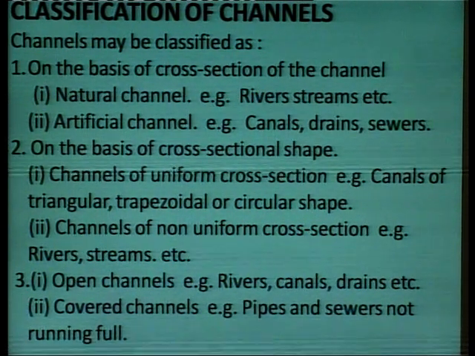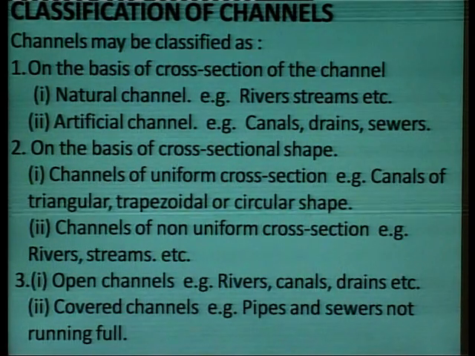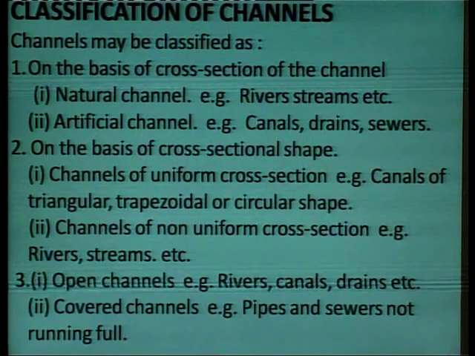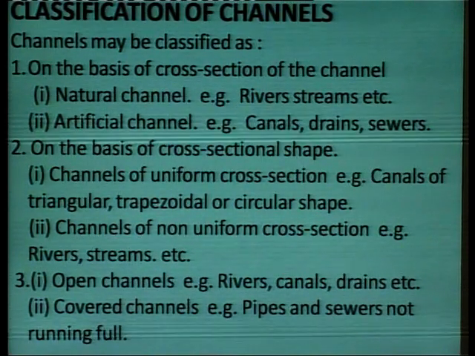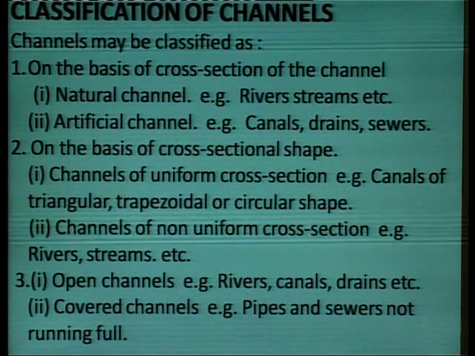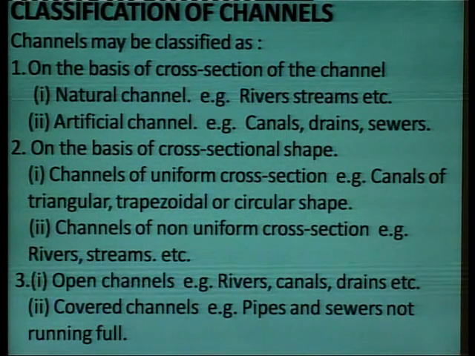It is further classified into two types. The first one is channels of uniform cross section, examples are channels or canals of a triangular shape, trapezoidal shape or the circular shape.